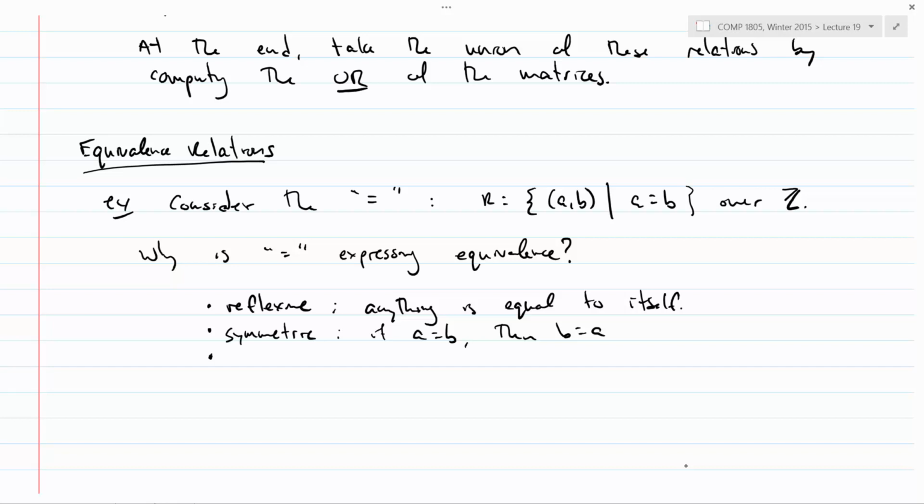What about transitivity? Yeah, because two things that are equal to the same thing are equal to each other. And this is something we use all the time. Anytime I prove an equality for you, I start on one side, write down this equals something, equals something, equals something, equals something, until I arrive at the other side.